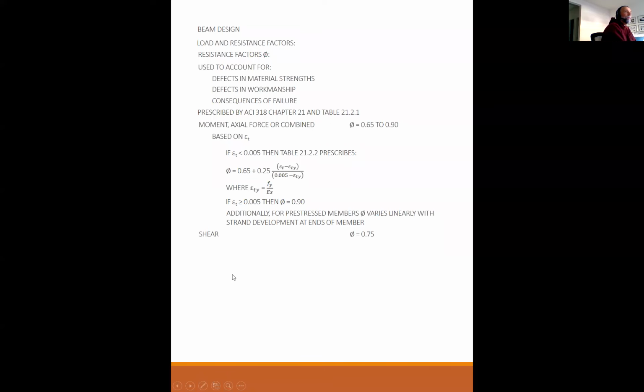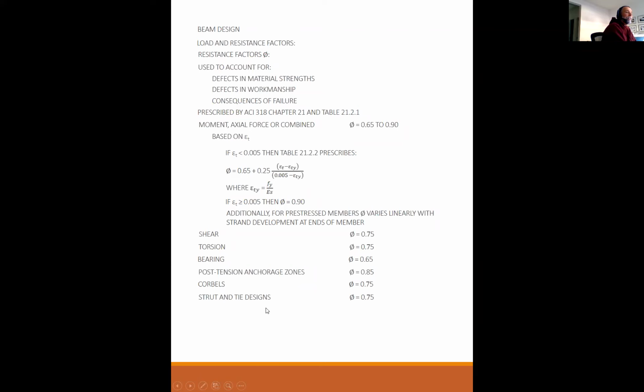For shear, phi is 0.75. Torsion, 0.75. For bearing, 0.65, because the failure mode basically for bearing is crushing of concrete. Post-tension anchorage zones, 0.85. Corbels, 0.75.